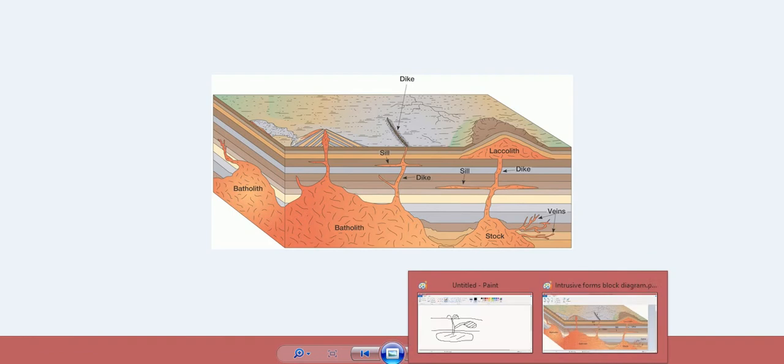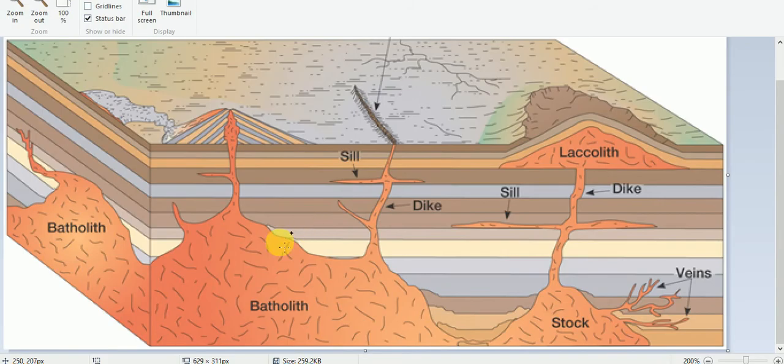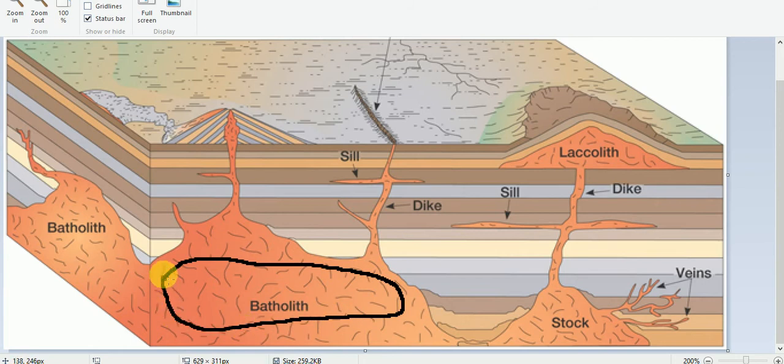See here we have the magma chamber, and if this portion of the magma chamber is cooled down, then an intrusive form is formed, and that intrusive is known as batholith.